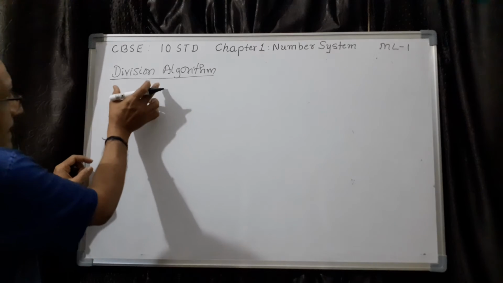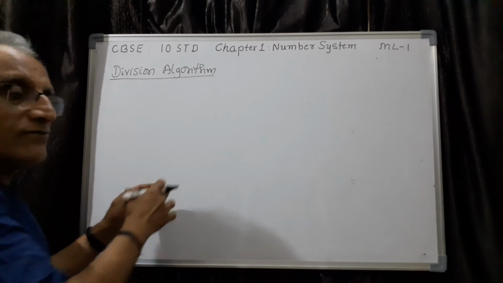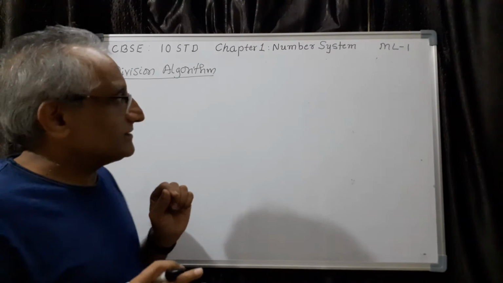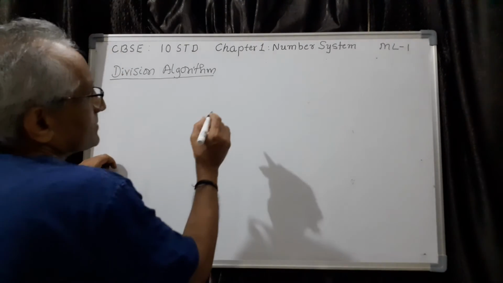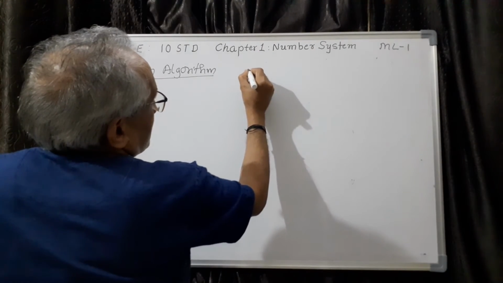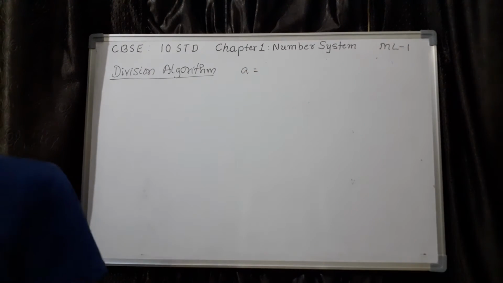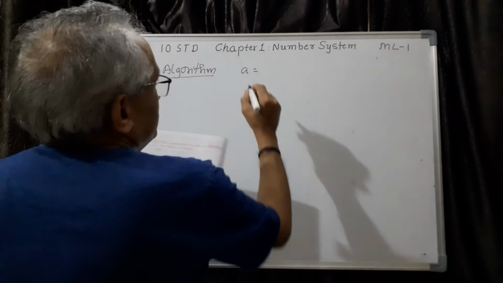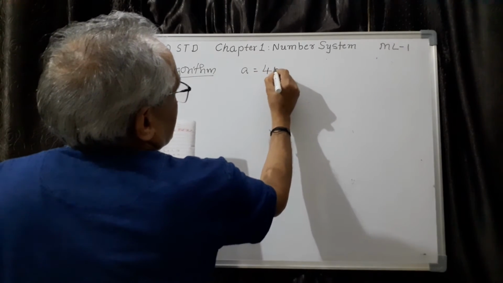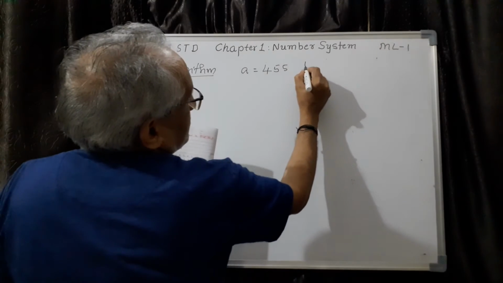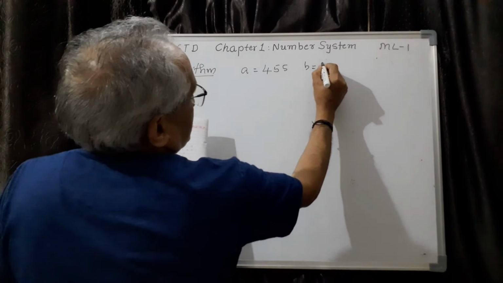So let me first explain how to get it. Then of course we can generalize and we can find the HCF. How to find the HCF? So let us take for example, let me take some specific questions. Say A equal to 455, some big number only we will take, and B equal to 42.